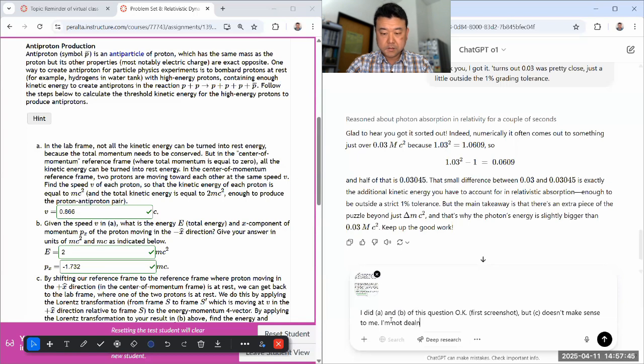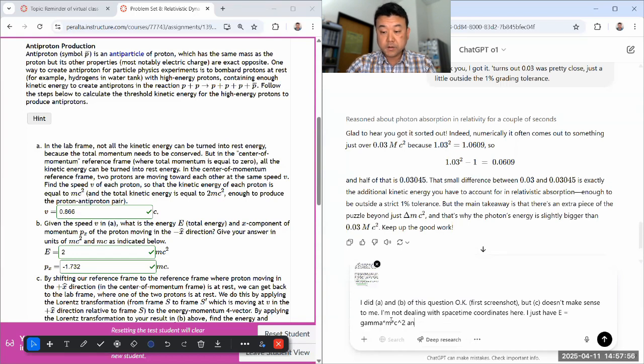I'm not dealing with space-time coordinates here. I just have the formula for relativistic energy, gamma mc squared, and p equals gamma mv.